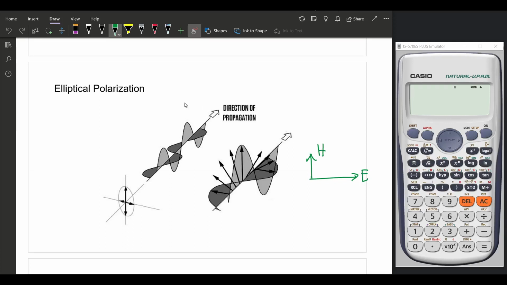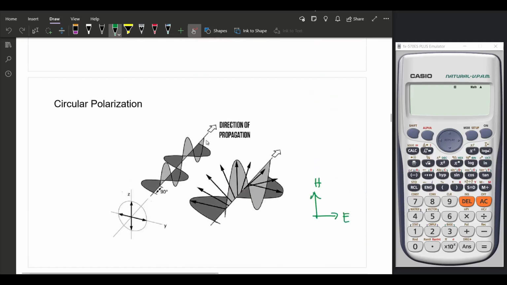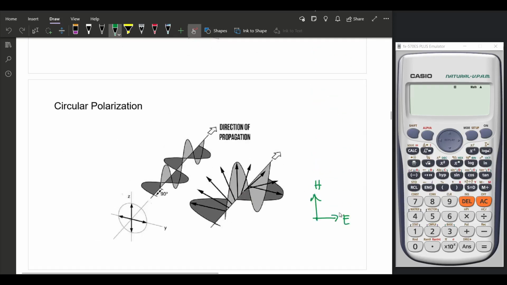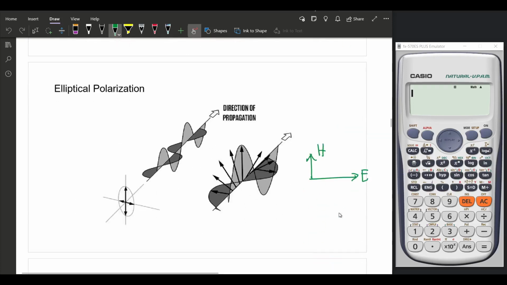So it will become elliptic. Okay? So it is considered to be elliptical polarization. Okay? So that's the difference between circular and elliptical. So kapag same yung strength ng dalawang components, then it is circular. Pero pag merong mas malakas din sa dalawang components, then it is elliptical.